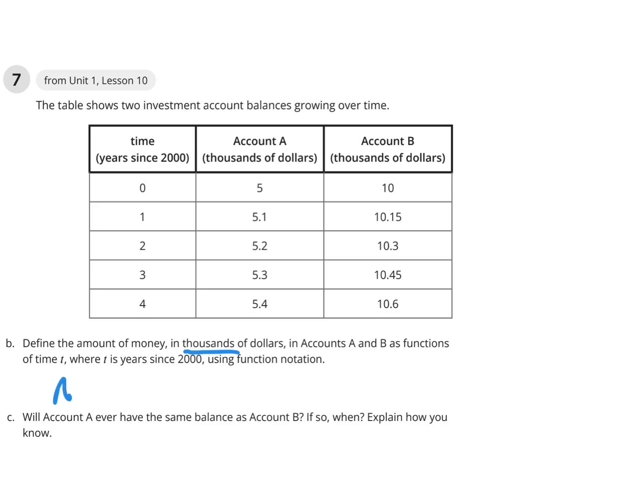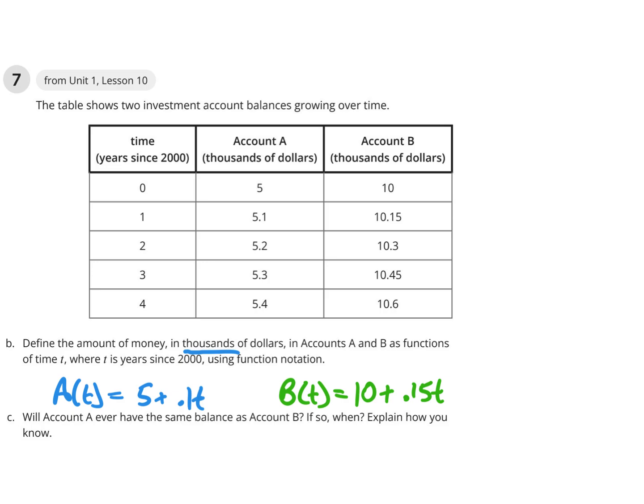So for A of t equals 5 plus 0.1t for t greater than 0. Okay, for B, we're going to write B of t is equal to 10 plus 0.15t.